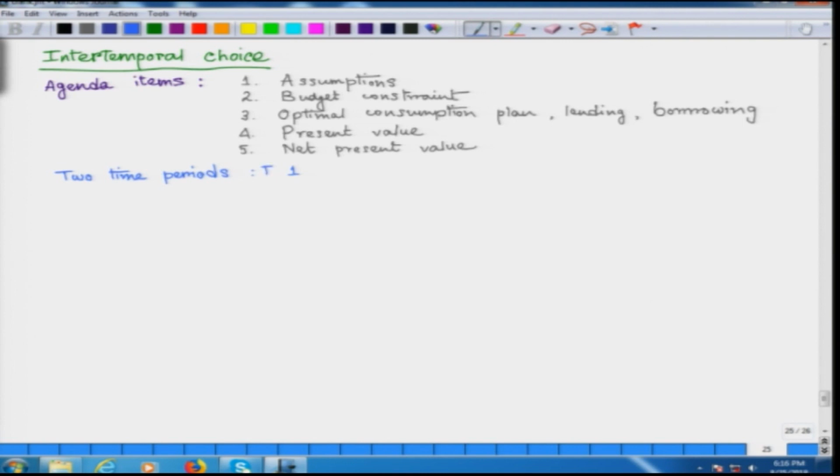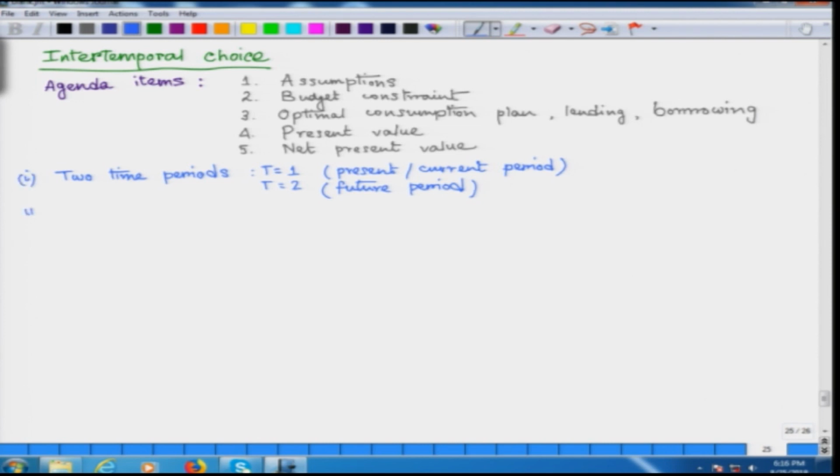So, t equals 1 is the present or current period, and t equal to 2 is the future period. So, this is our assumption number 1.